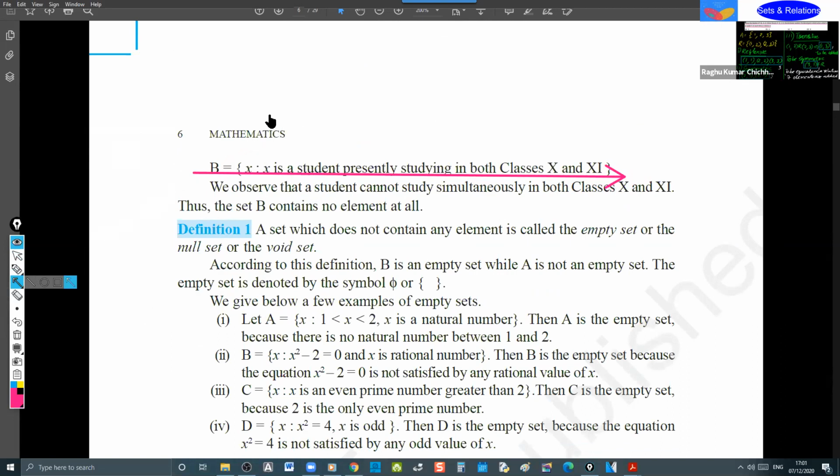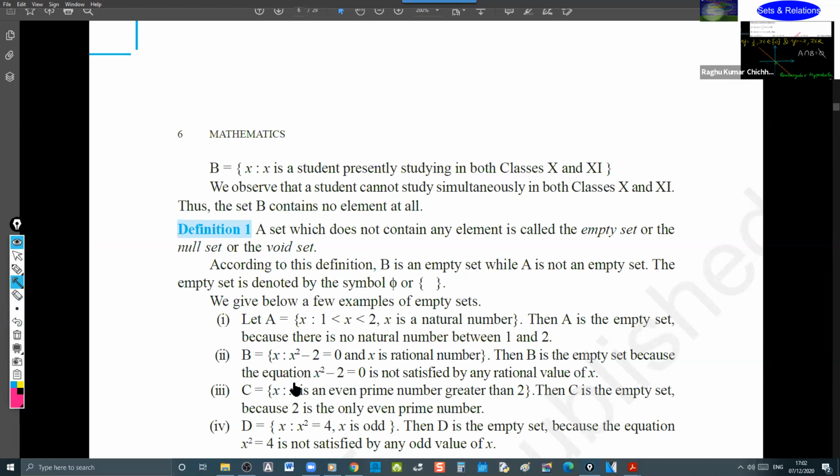Similarly, you can have your own example. Tell me an example for an empty set. Any case you can take, not only school.